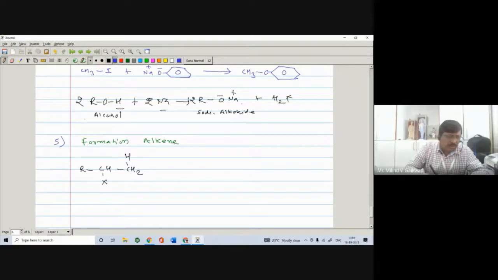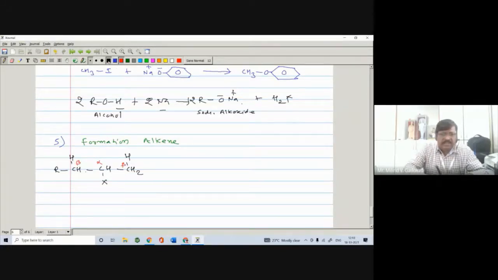Now I can also replace this R by CH3, or suppose I replace this R, and here is a CH2. Then here is an alpha carbon, here is a beta carbon, and here is also a beta carbon atom.